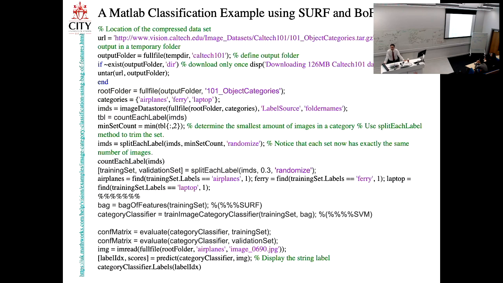Because if I have 10,000 airplane images and I have 10 bikes, and I get 20 features from each airplane and 20 from each bike, my dictionary of features is going to be biased. It's going to classify more things as airplanes because it's not fair. You don't want that. So what this is doing is finding the minimum of all classes, to make sure that it is not unfair.